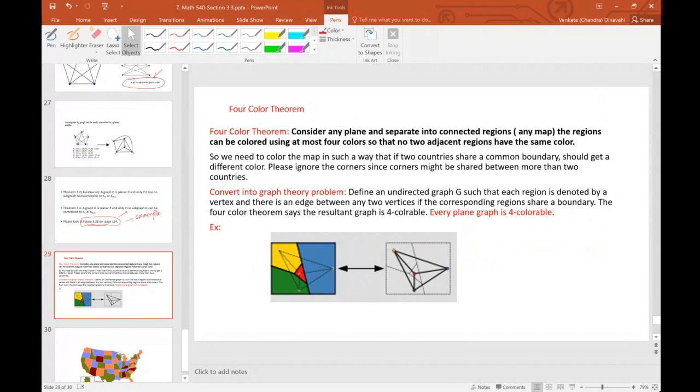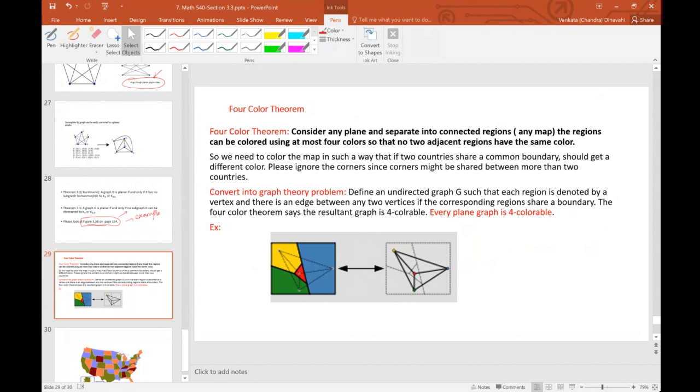That means, for example, take the world map, and I want to color the entire world map so that if two countries share a border, then I color those two countries with 2 different colors. For example, Brazil and Argentina share a border, so I need to color those 2 countries with different colors.